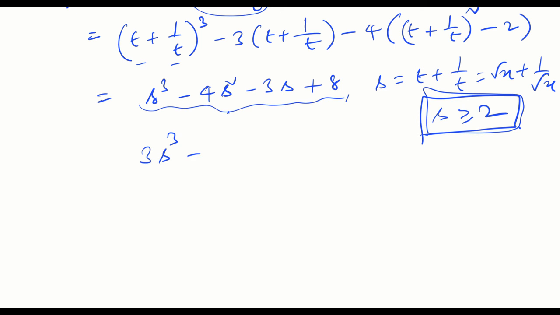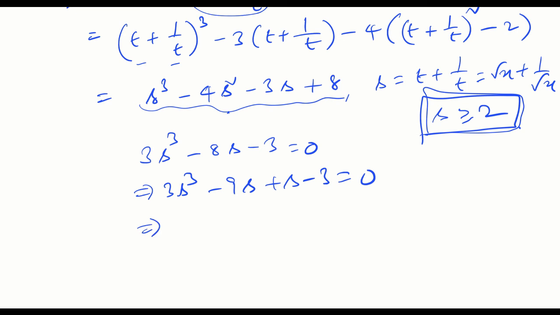It is 3s² − 8s − 3. I'll equate the derivative to 0, and then factorizing, it is 3s² − 9s + s − 3 equal to 0. So I'm getting (3s + 1)(s − 3) equal to 0.